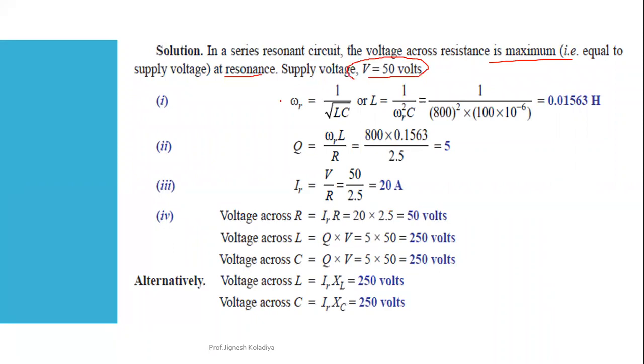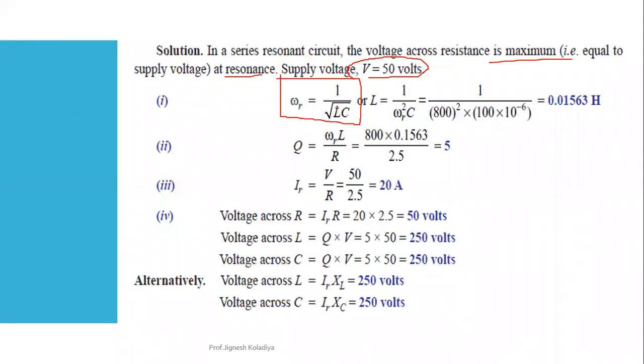Okay, so we know the equation of resonant frequency, 1 upon 2 pi root LC. Okay, that is F. So I can write this equation in angular velocity form, omega r, because omega r is 2 pi f only. So omega r is equal to 1 upon root LC.